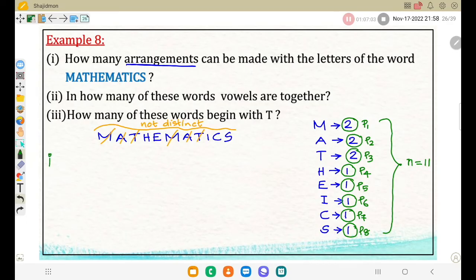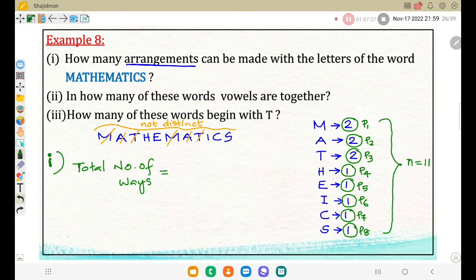Now answer the first part of the question. What is the first part of the question we need to answer? That is, how many arrangements can be made with the letters of the word mathematics? So total number of ways equals, what is the rule?